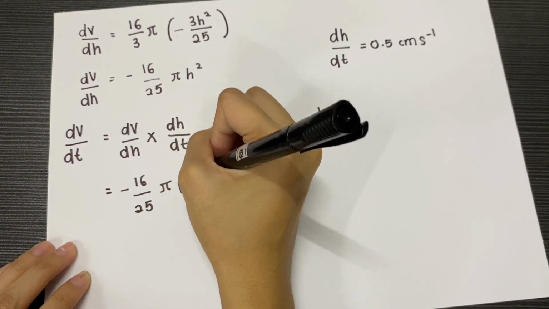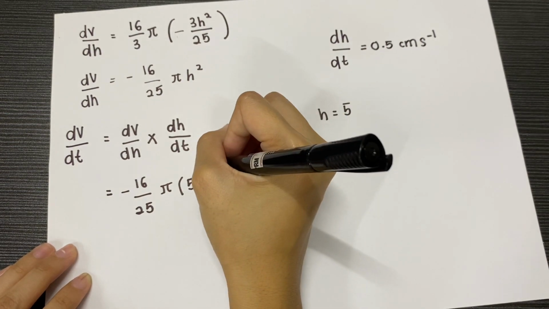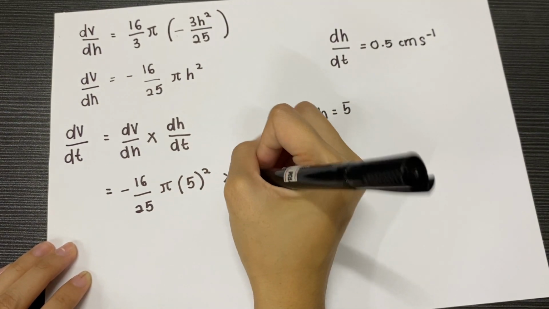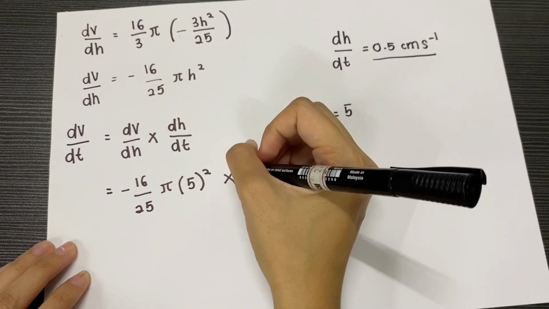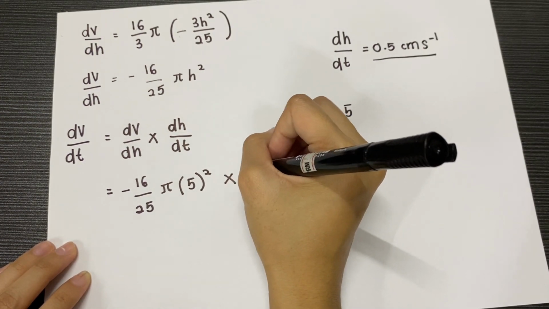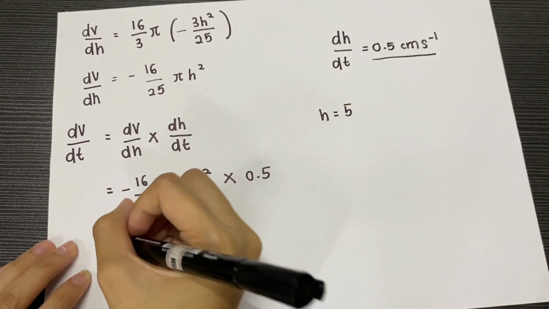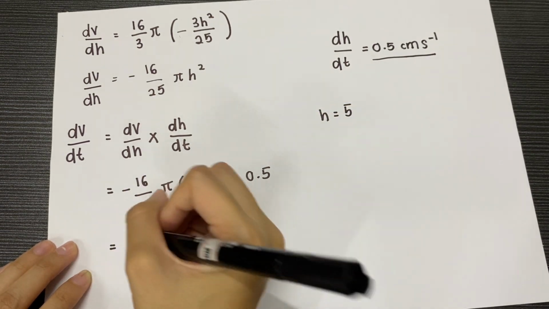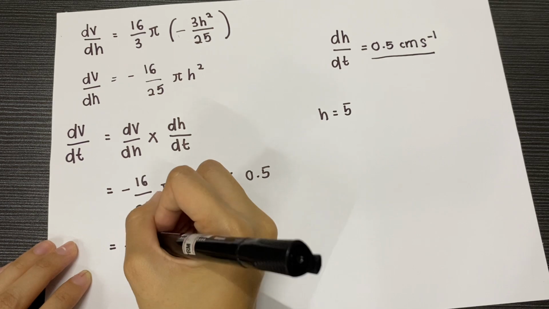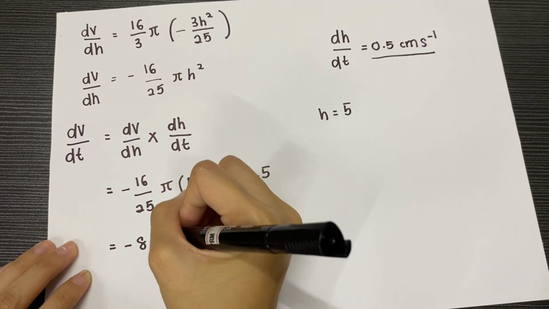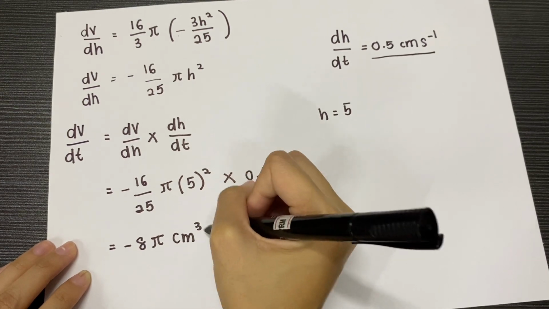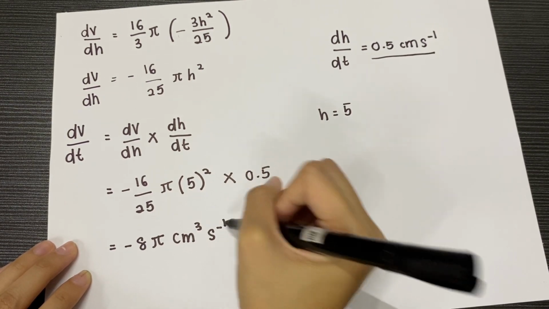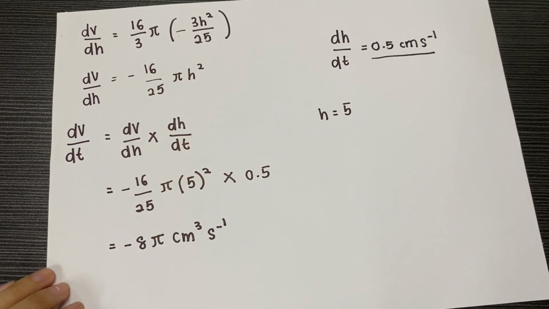So we have 5 square multiplied by dh over dt, which is 0.5 centimeter per second. Simplified, we got negative 8 pi centimeter cube per second. That's all for B.